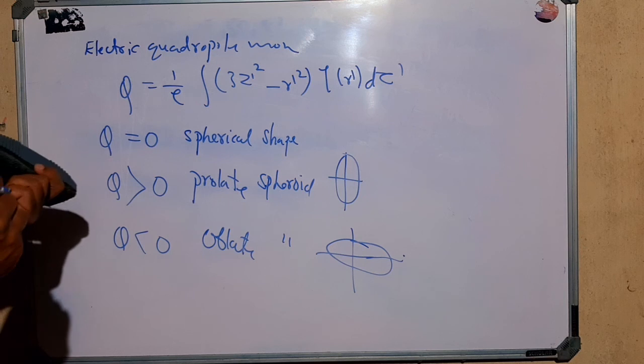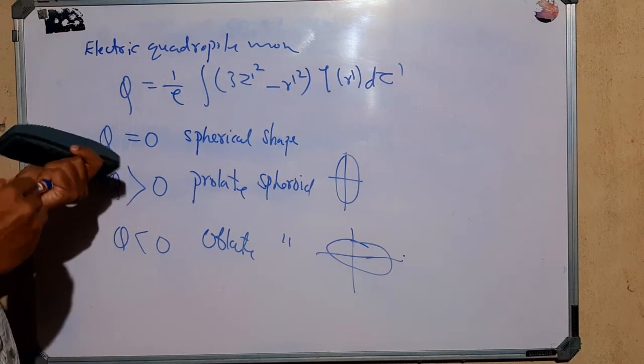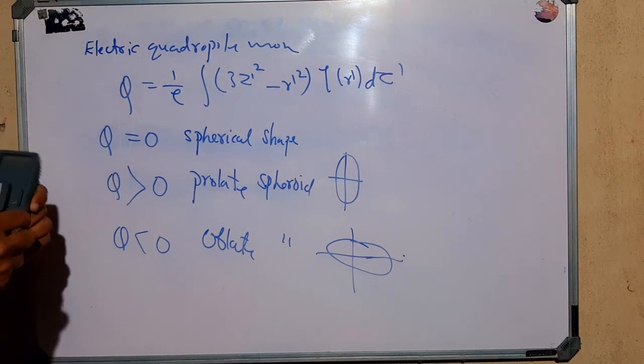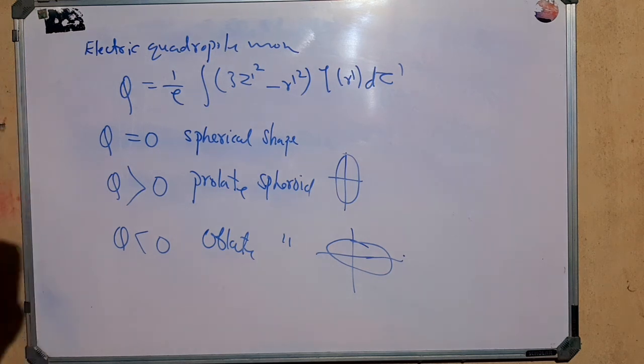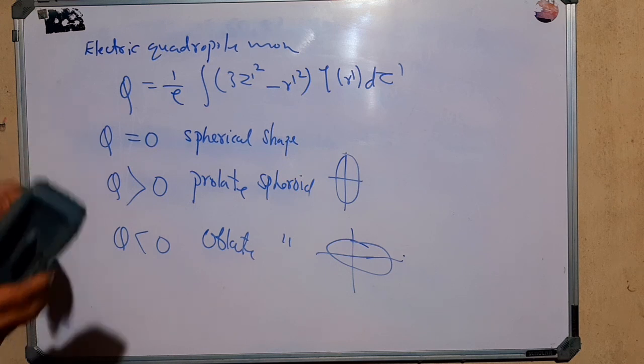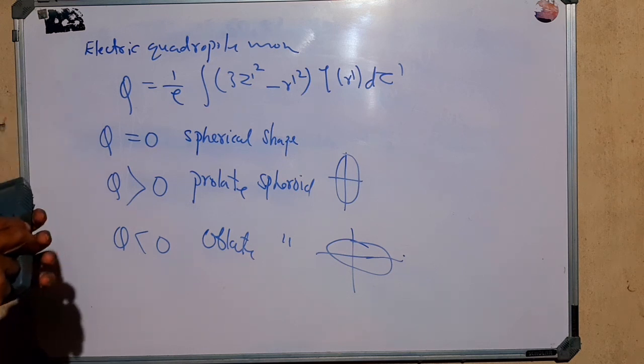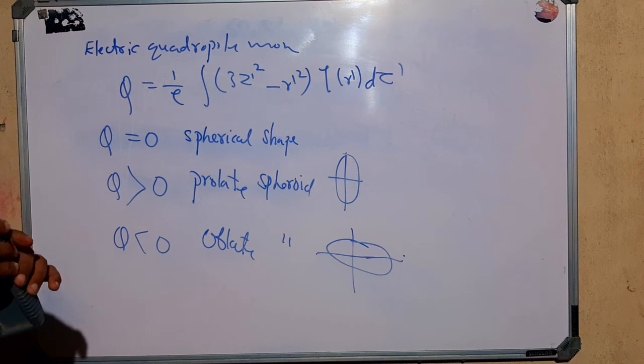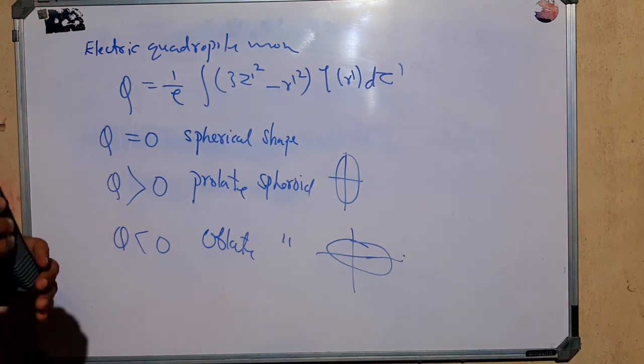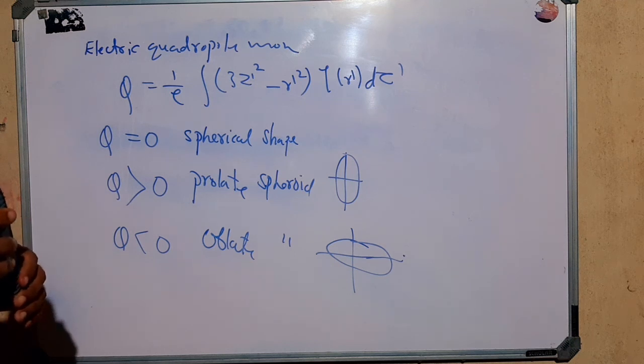Therefore, a non-zero quadrupole moment gives a measure of departure of the nuclear shape from sphericity. This is a brief introduction about binding energy and quadrupole moment. In the next video, we will see why we have to study the deuteron, and let us study the deuteron problem. Thank you.